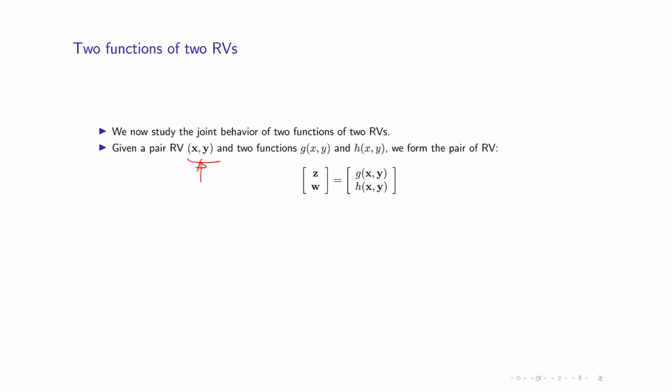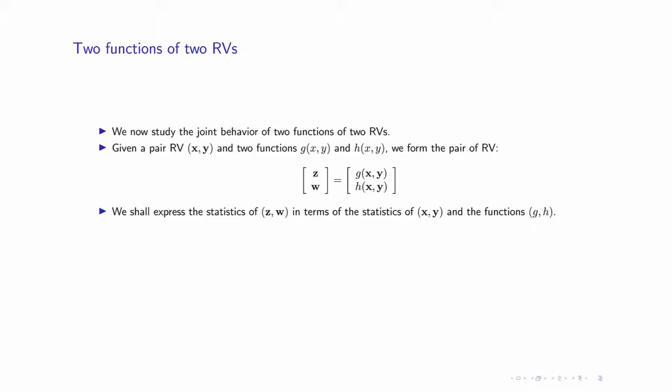For instance, we could know the joint PDF or the joint CDF, and assume that we have two specific functions g and h of X and Y. Using these functions and the random variables, we can form a new bivariate pair denoted by Z, W. Basically you have two inputs, X, Y, and this system gives you a new pair Z and W. We want to know the joint behavior of the output when we know the joint behavior of the input.